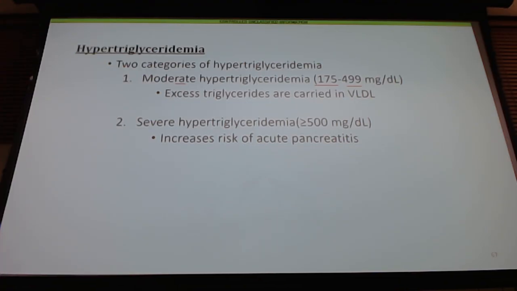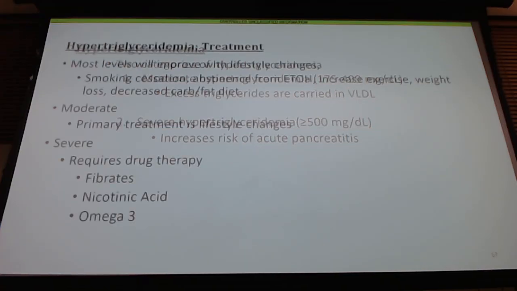It's not until that triglyceride level meets the severe criteria, where now it's greater than 500, that we actually are going to treat this condition with medications. And part of it is because it increases your risk of things, to include pancreatitis. So I know you haven't gotten to pancreatitis yet in GI, but one of the causes of pancreatitis is a severe elevation of triglycerides.